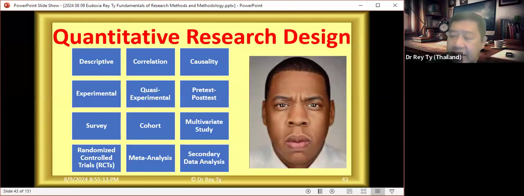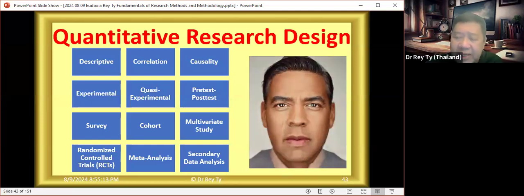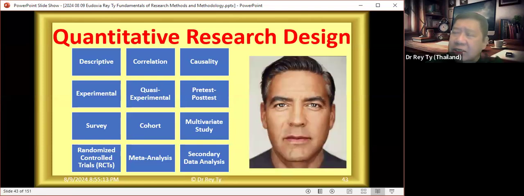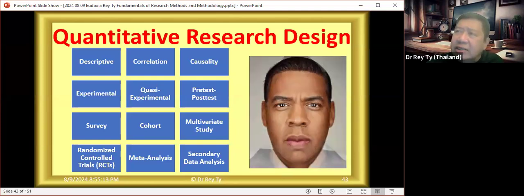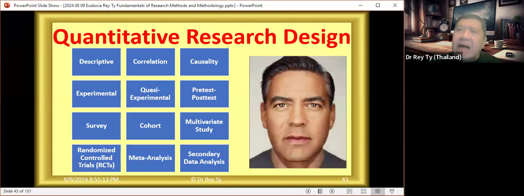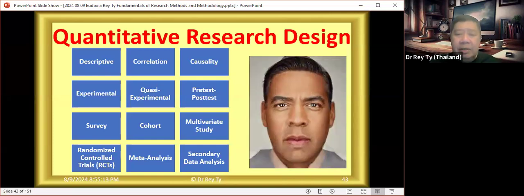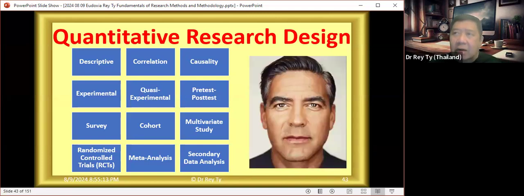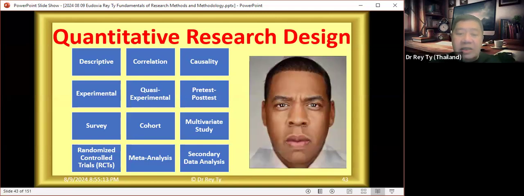A meta-analysis is you look at all of these studies, for example, about the vaccine. You look at what Pfizer did, what Johnson and Johnson did, and what Sinovac did, and aggregate them all together. Okay, it's a study of studies, the quantitative study.